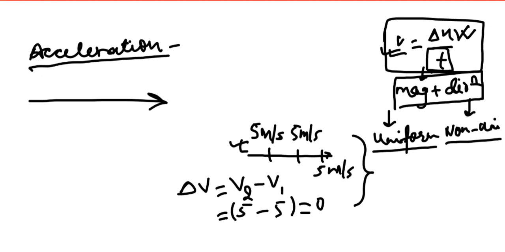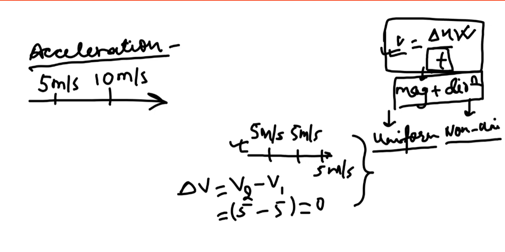So let us consider the object is traveling in a straight line, and initially the velocity is 5 meter per second, and after some time the velocity of the object becomes 10 meter per second. Obviously we can see that the velocity is changing.